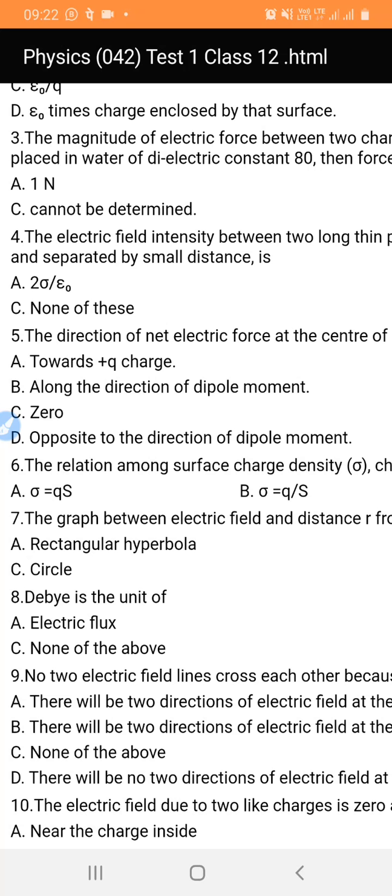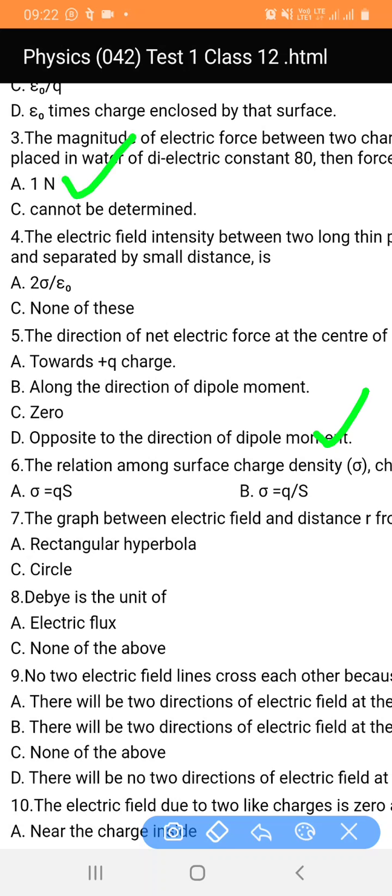So your answer will be D here. And in the third question, the option will be 1 Newton.